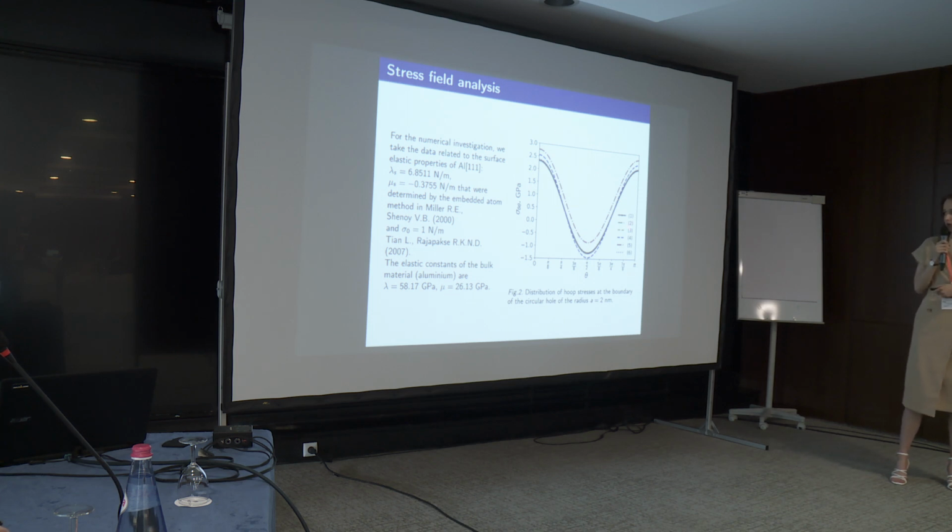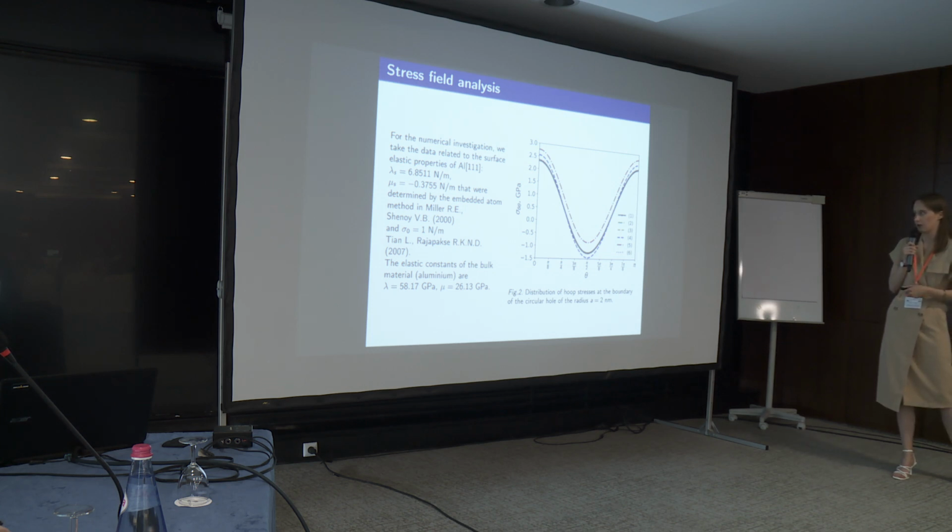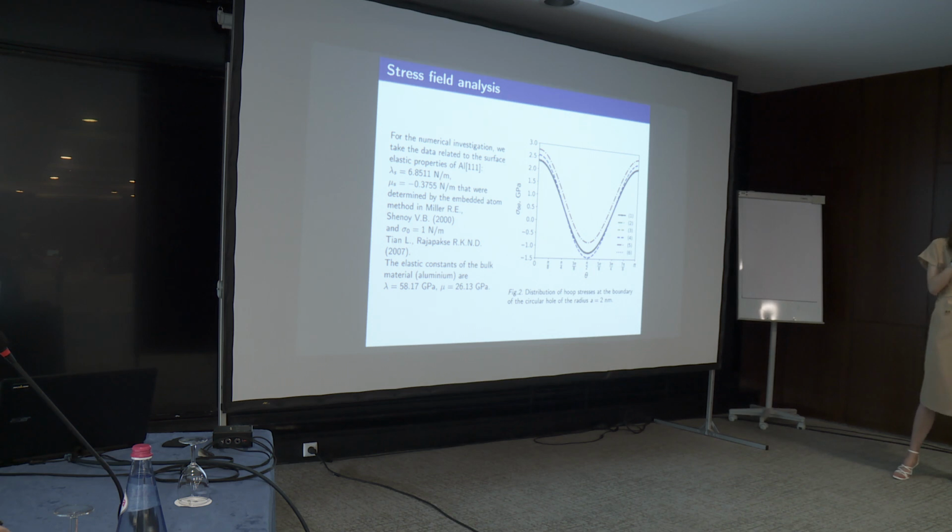If we look at this figure, the distribution of hoop stresses at the boundary of the circular hole of radius 2 nanometers, we can see all these 6 models that I presented at the beginning. This black curve corresponds to the full Gurtin-Murdoch model.